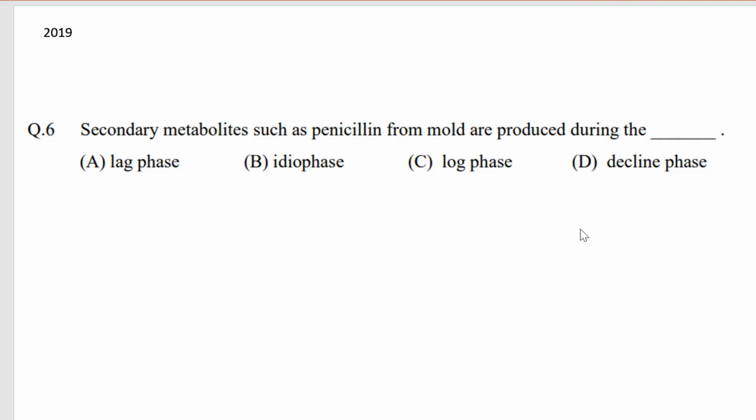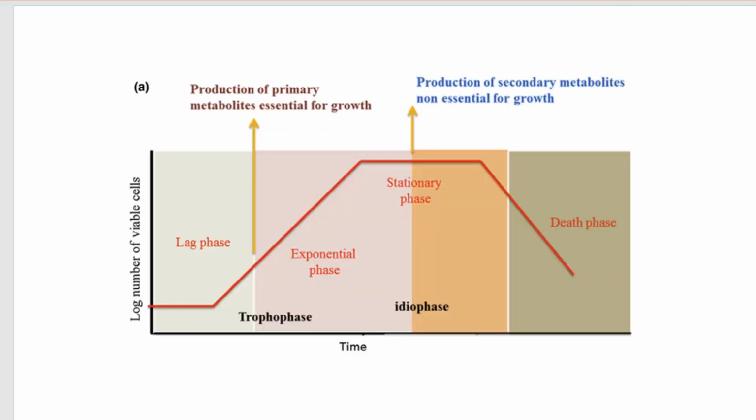So, there are four phases as we know. In any growth curve, there would be four phases. The first one: if we inoculate a bacteria or any other organism into a viable medium, then there would be a lag phase where there would be no significant growth of cells, because the organisms are under shock.